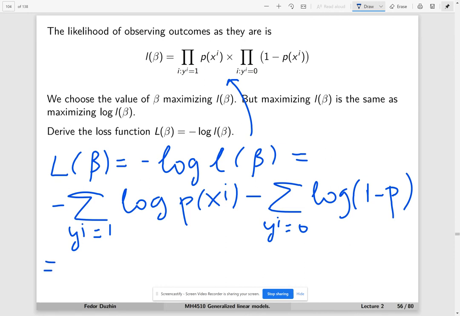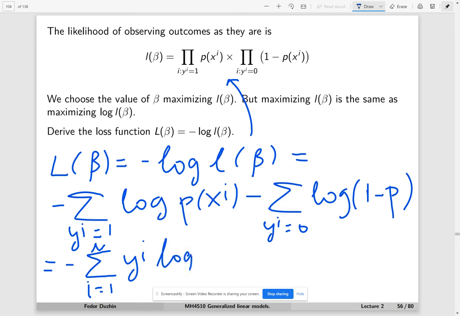But we're going to modify it slightly. Instead of taking the sum over just those i for which yi is 1, we're going to take the sum over all i from 1 to n, and multiply by yi. Now if yi is 1, we get the same as before. If yi is 0, then we get 0, and it's not going to contribute to our loss function.